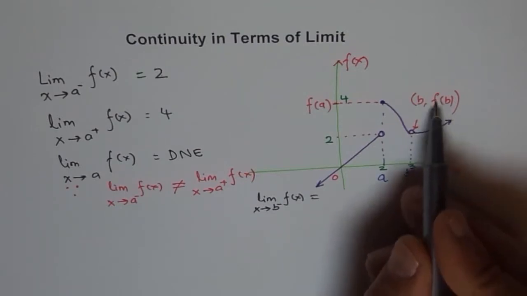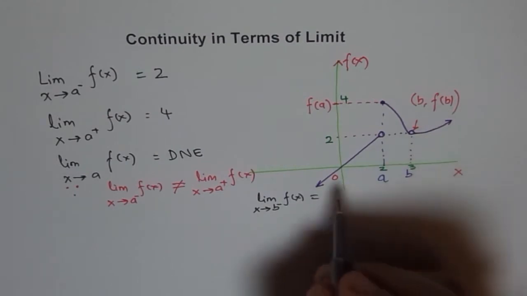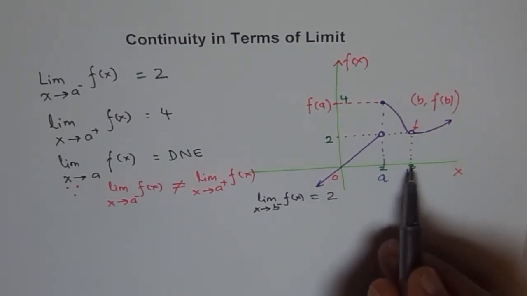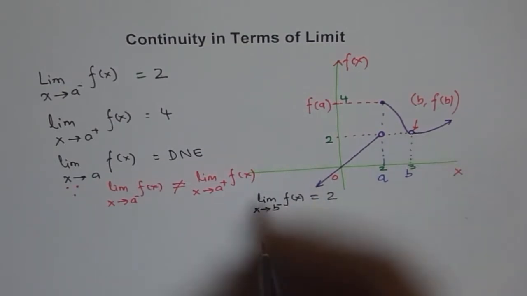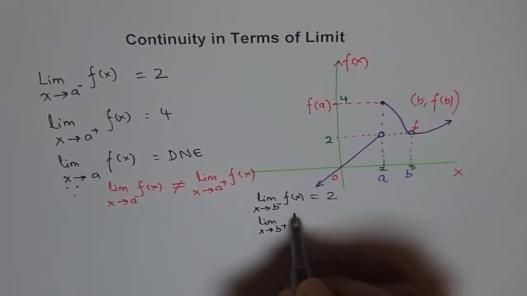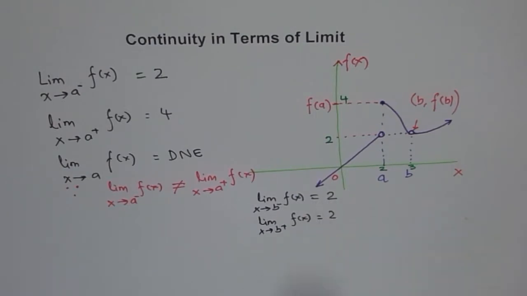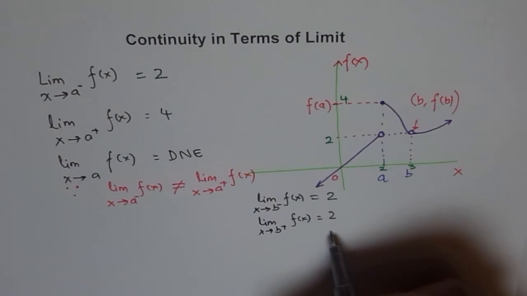Well, the answer is f of b, which I'm just extending to point 2, right? 2. How about the limit of this function as we approach b from the right side? If you approach from the right side, you also approach the same value. So the limit as x approaches b from the positive side of f of x is also 2, right?